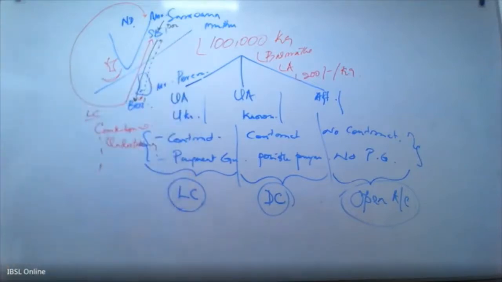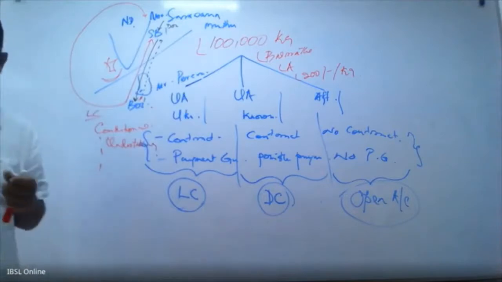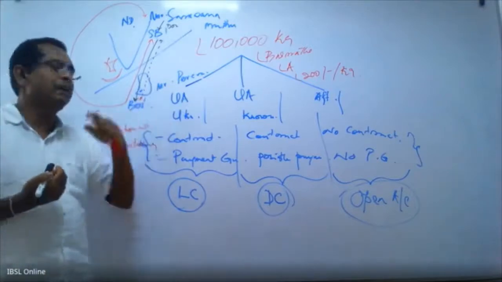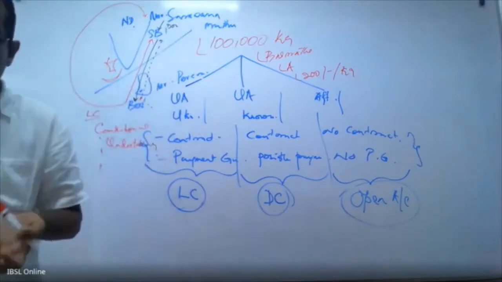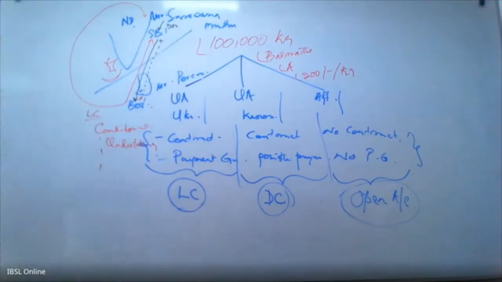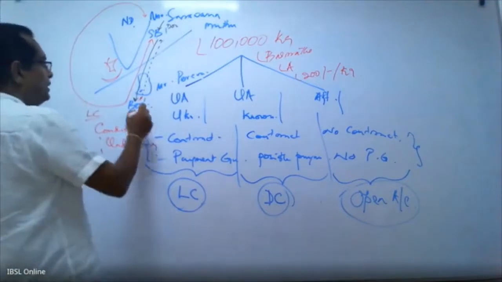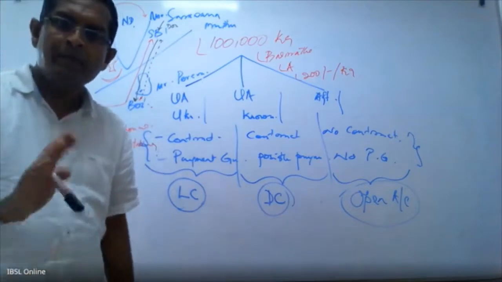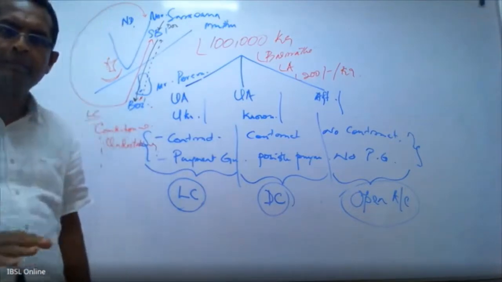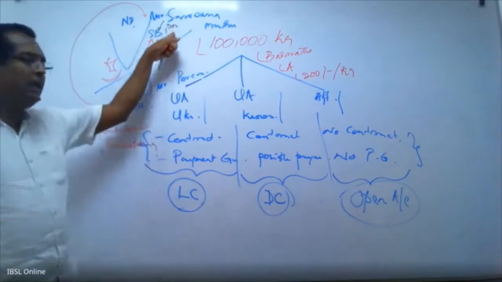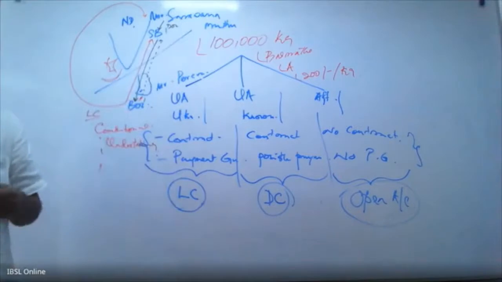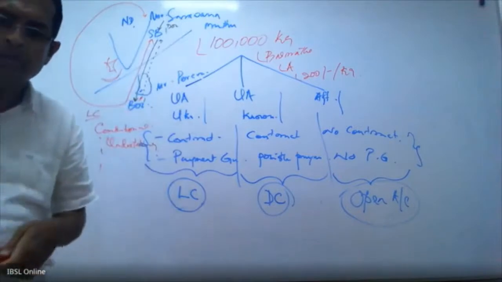Right? If there are differences between the requested documents and the documents received, we will contact Mr. Pereira and say there are discrepancies on the documents. Are you okay to accept? If he says he is okay to accept, we will pay. Otherwise, we will return the documents saying these documents have discrepancies. Right?